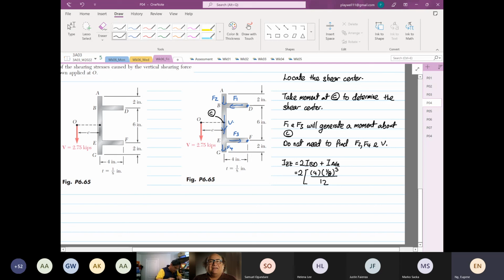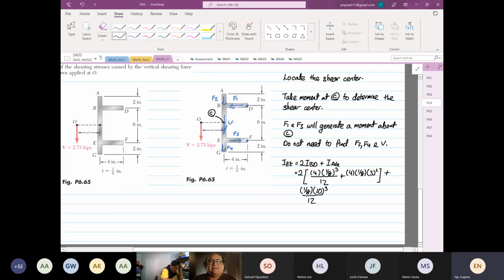Plus 4 multiplied by 1 over 8, and the distance is 3 squared. Then plus the width is 1 over 8, the depth is 2 plus 6 plus 2, 10 cubed over 12.